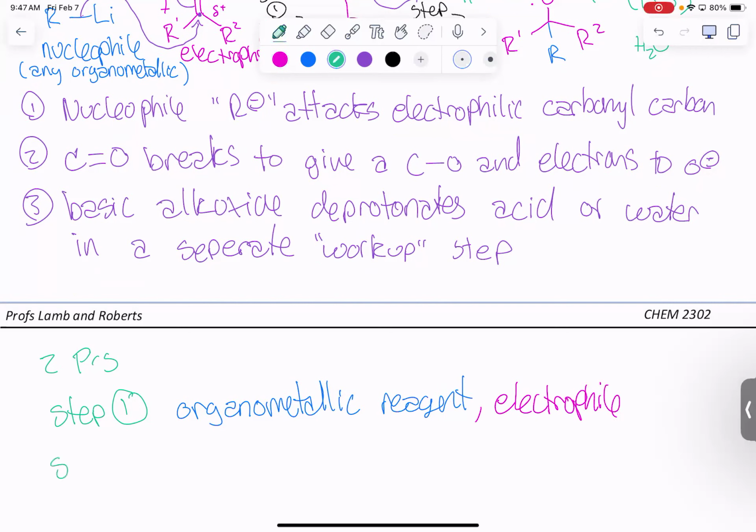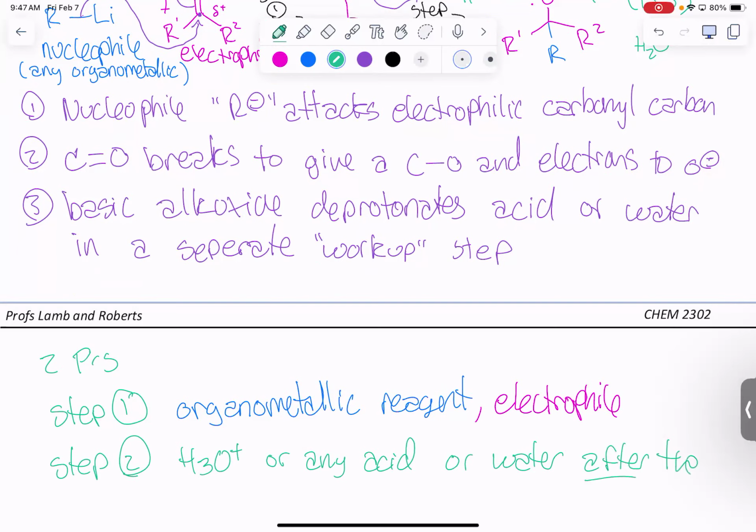Step two is H3O plus or just any acid or water after the reaction is over.